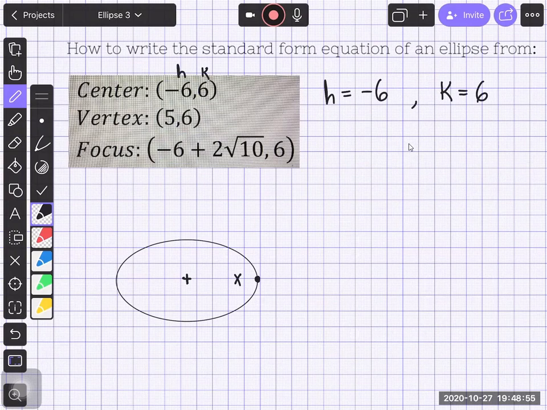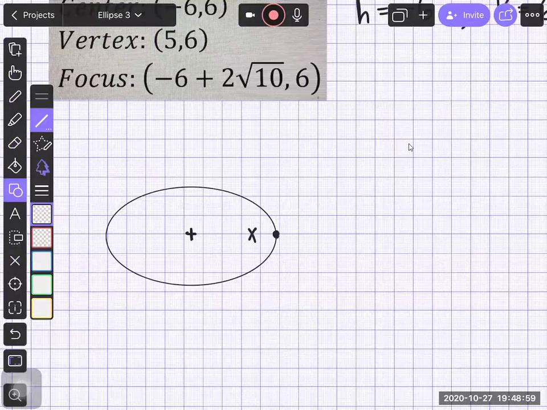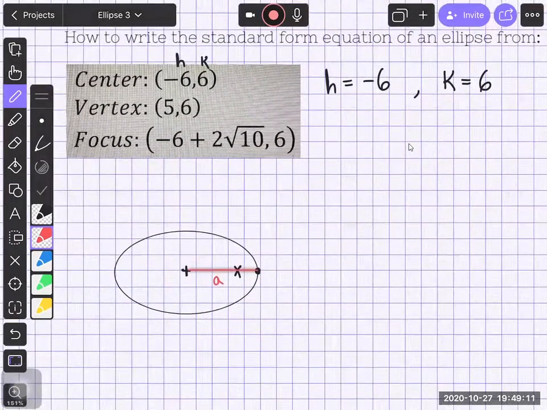Now, if you remember, the horizontal distance from the center to a vertex is known as A. So in this case, A will be the change on the horizontal coordinates.